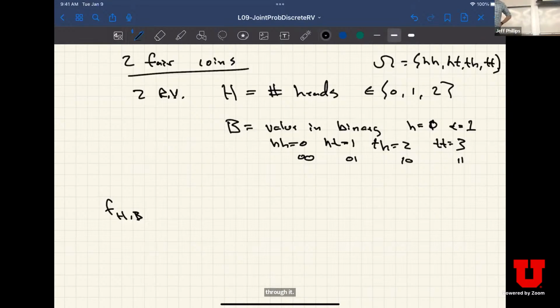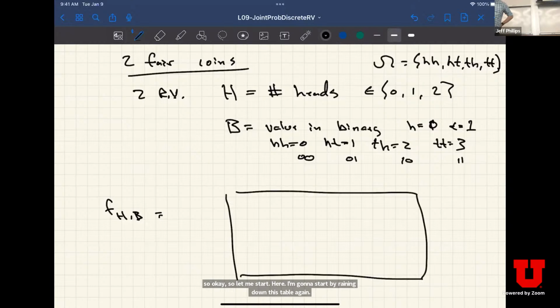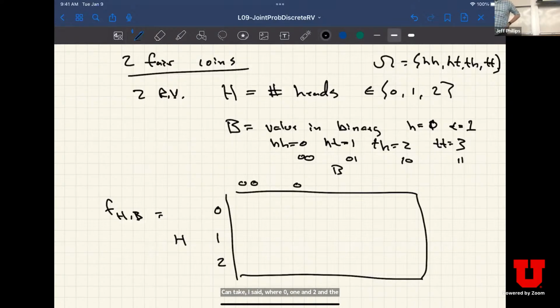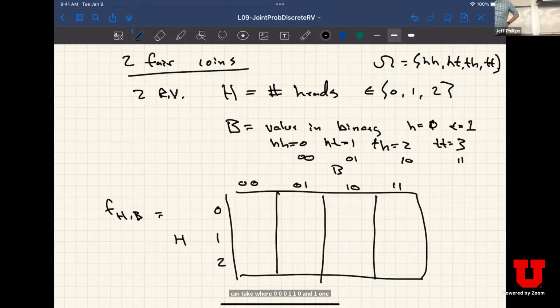Okay, so let me start here. I'm going to start by writing down this table. We're going to have two random variables: H on this side and B on this side. The values H can take were 0, 1, and 2, and the values B can take were 00, 01, 10, and 11. Now I'm going to put some lines in my table.